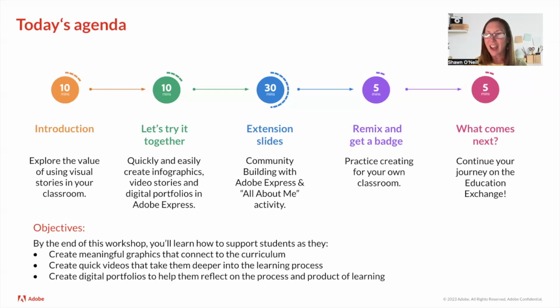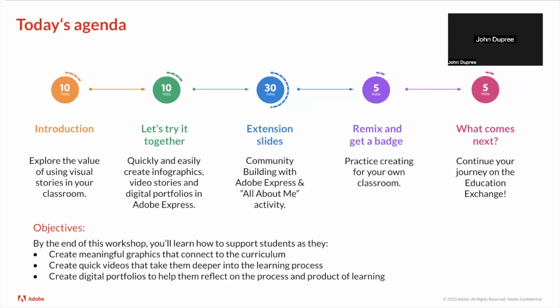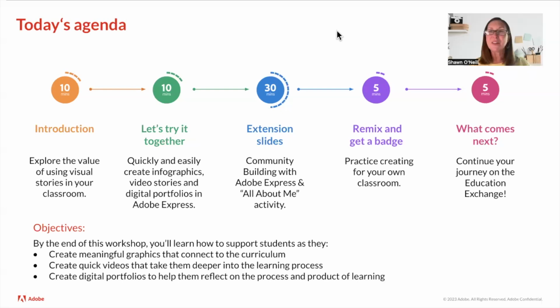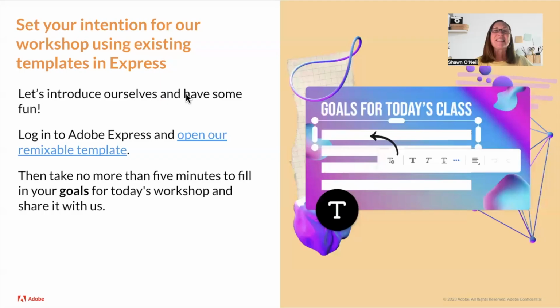That's Adobe talk for editing a template. And you can get a badge, so a certificate for what you've done today. And then I have included some extra slides as well if you want to take your learning a little bit further. Setting our intentions for today's workshop using existing templates in Adobe Express.